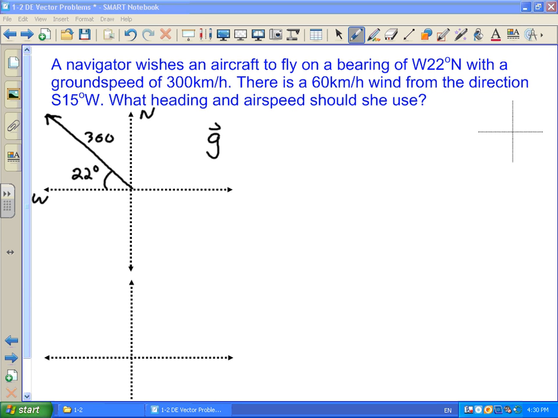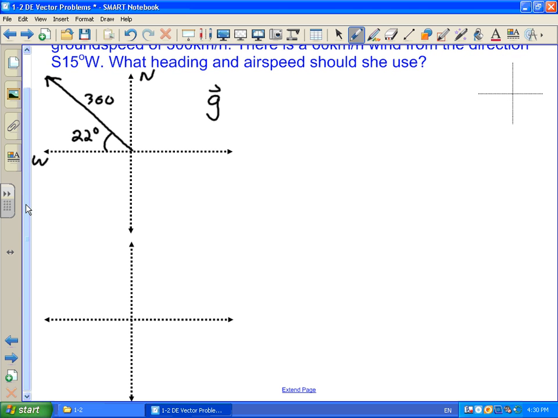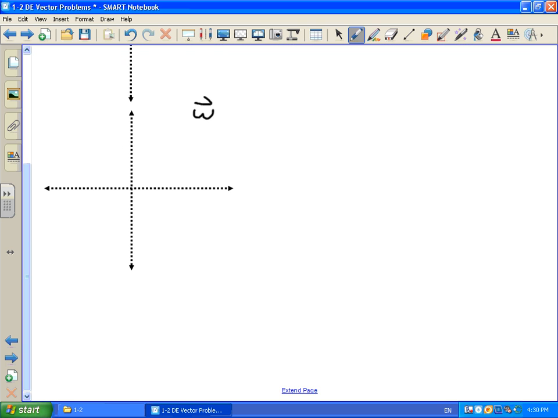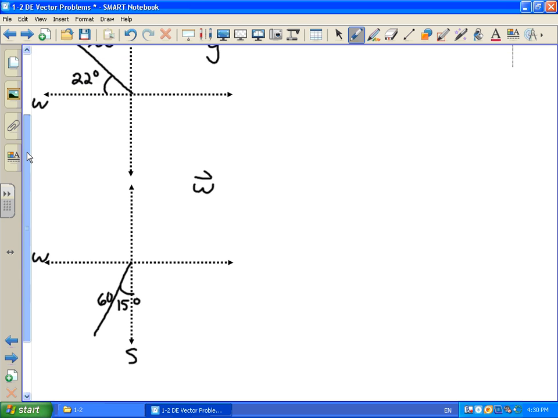We're also told that there's a 60 kilometer per hour wind from the direction south, 15 degrees west. So this is obviously our wind speed. If we go to south, 15 degrees west, we're looking at something like this, where this angle in here is 15 degrees, and this thing has a magnitude of 60 kilometers per hour.